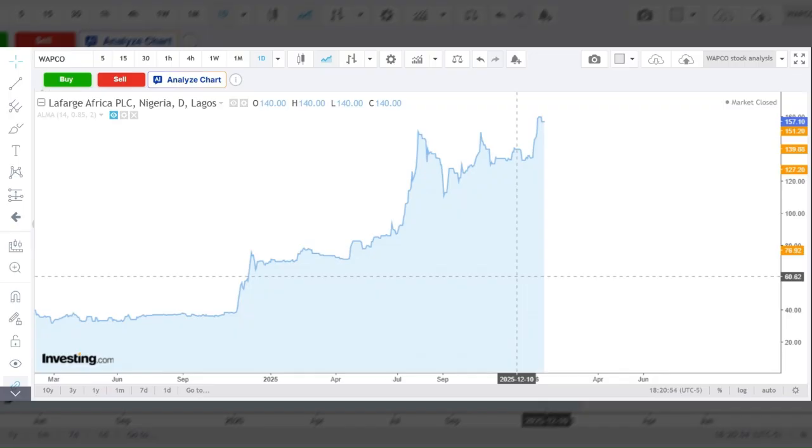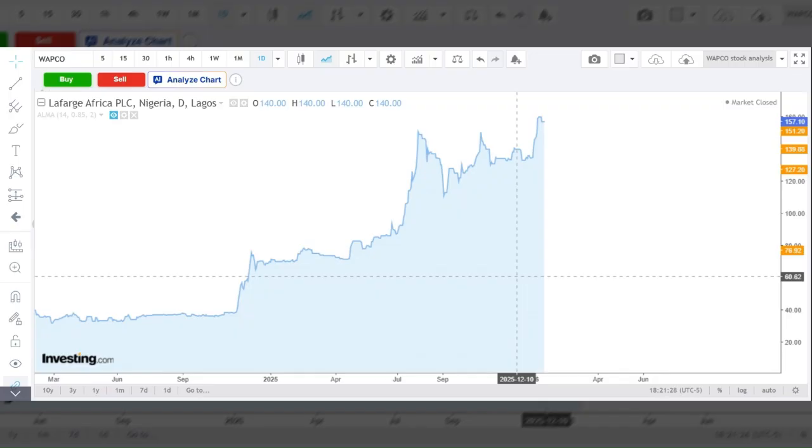Aside from WAPCO, we also have Dangote Cement and BUA Cement. Because of the construction of the Lagos-Calabar Highway, these stocks have a positive outlook.